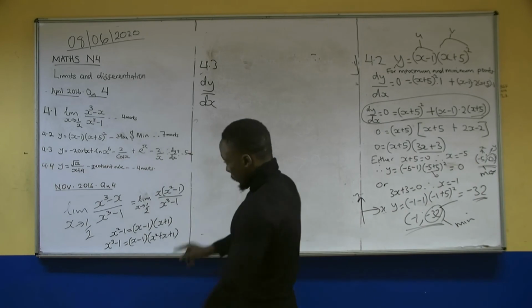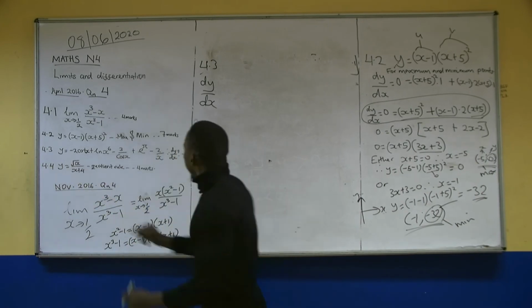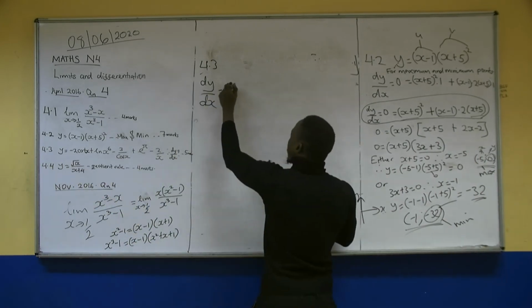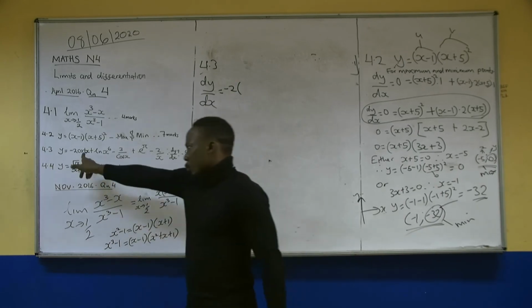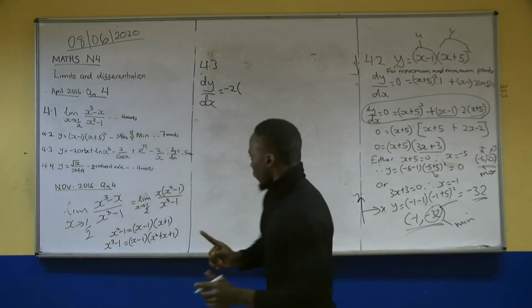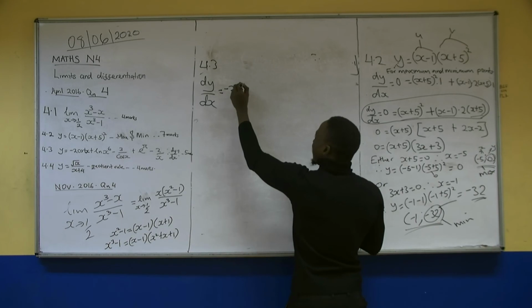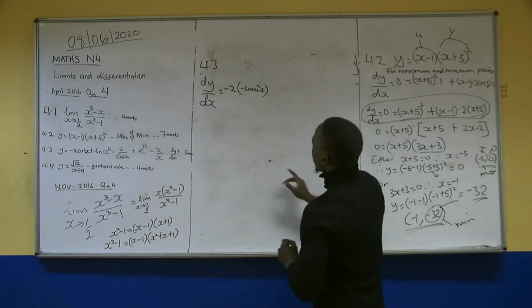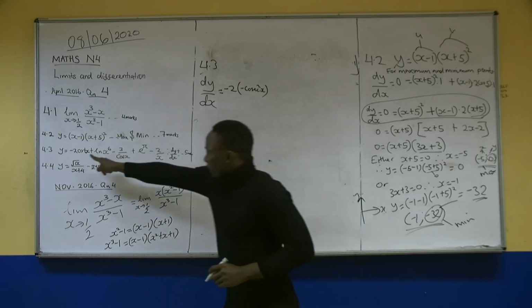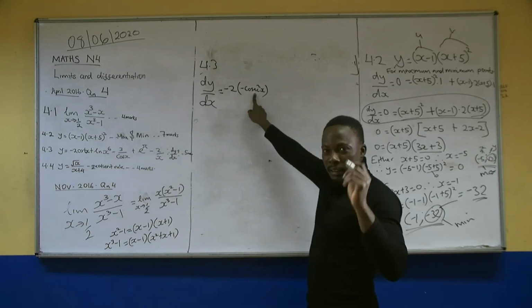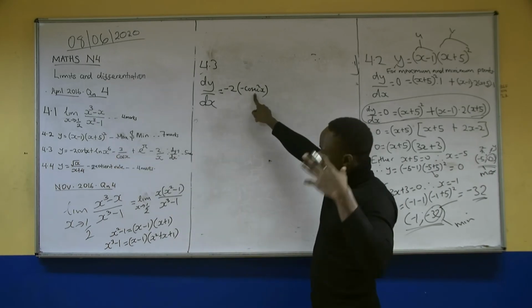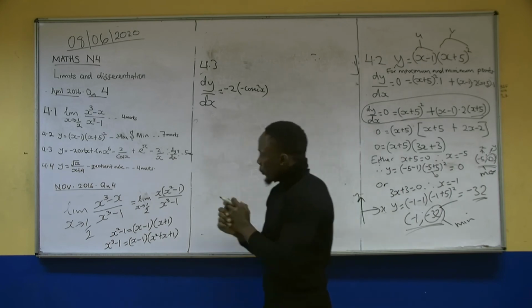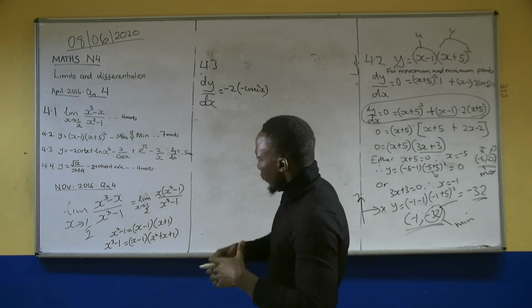So I'm seeing negative 2 cot x. Negative 2 is a constant, you leave it and differentiate cot x. If you differentiate cot x, we get negative cosec squared x.